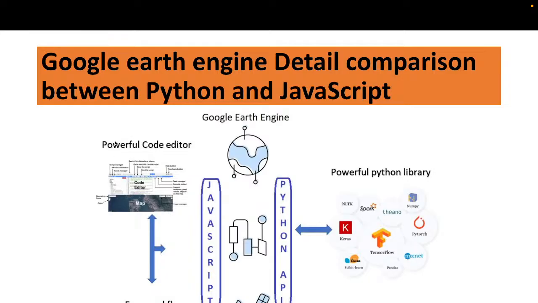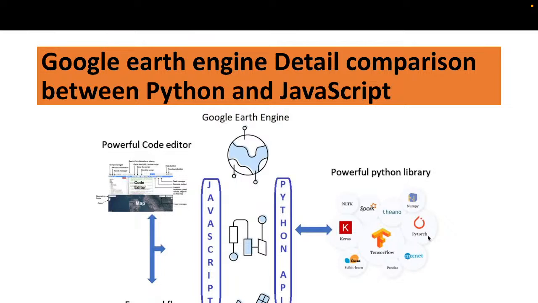But JavaScript has a powerful code editor. This code editor you already know about. It is very powerful, because any beginner can easily learn using it. Everything is very good, we can easily find all of the tabs. But in Python, it's very difficult for beginners.